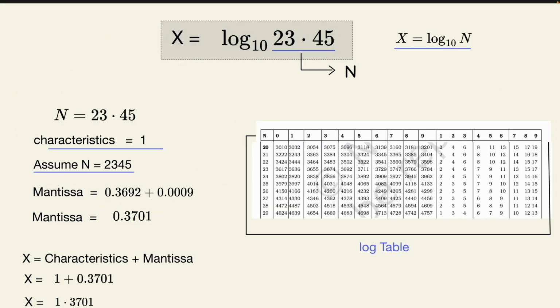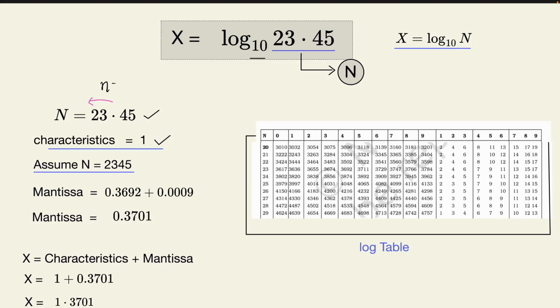Here in this example, we are taking log 10 to the power 23.45. So 23.45 is our n. What is the characteristic of it? Characteristic will be 1. Why is it 1? Because on the left side of the decimal, how many digits are there? 2 digits.